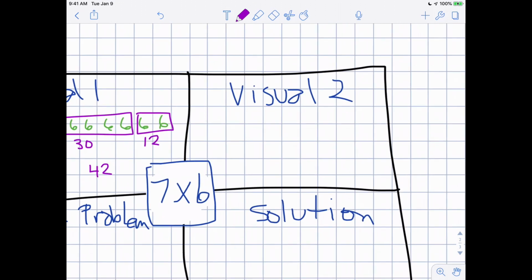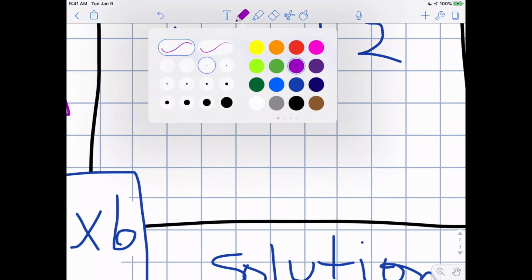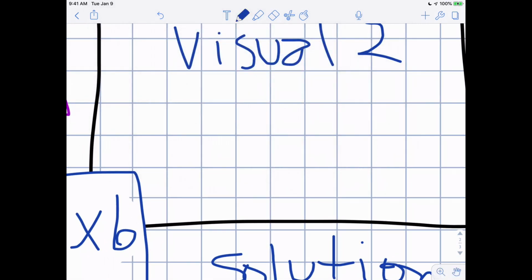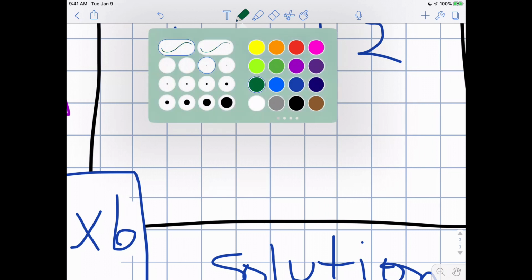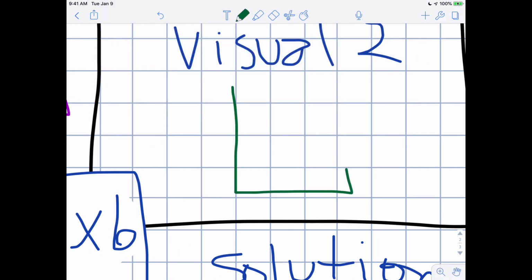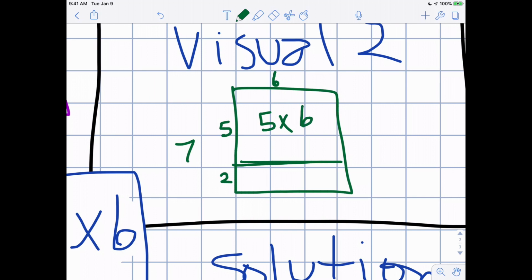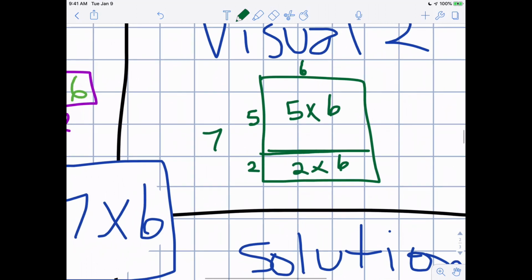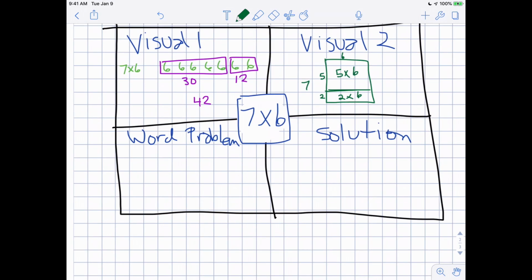That's one visual. Another visual a student might use is that area model. Here's our 7 and our 6, and we're going to decompose that 7 to be 5 and 2. So you have 5 by 6 and 2 by 6. So there's another visual representation.